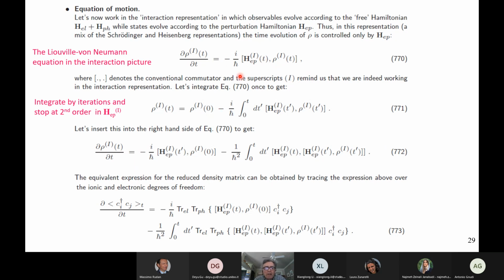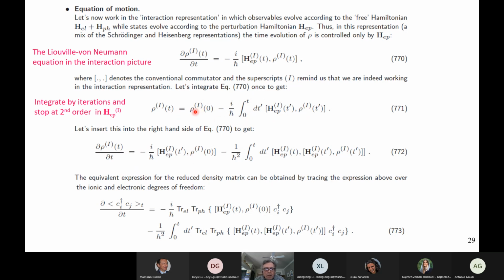So let's integrate it one step at a time. So let's do an integration. If I do an integral, I have that at time t, I have the density matrix at time 0 minus the integral of this stuff. And here, of course, I have the same rho that I don't know what it is. So let's insert now this into this. So I will replace this rho t with the rho t that I've gotten from this equation itself, if you want.